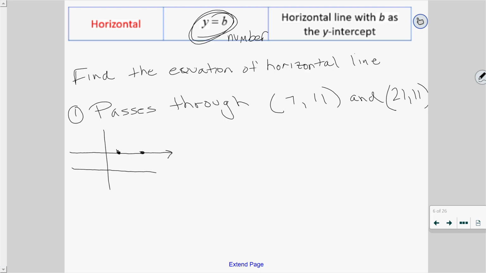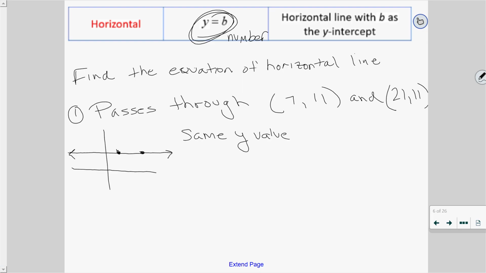So mark it, same X or same Y? Same Y. So they have the same Y value. Caleb, what axes does it pass through?